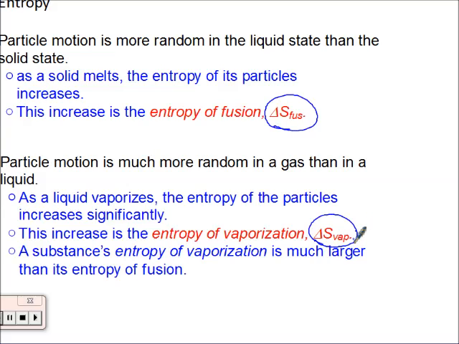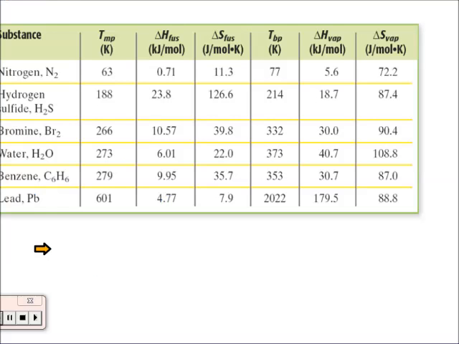Normally the entropy of vaporization will be much larger than the entropy of fusion, just because there's so much more of an increase in entropy when it becomes more random as a gas. So just to give you an idea of a few different materials.